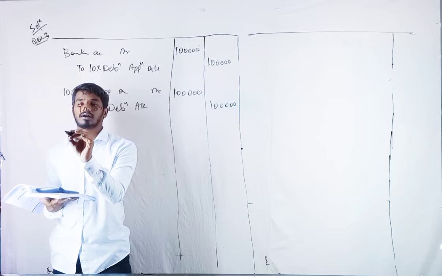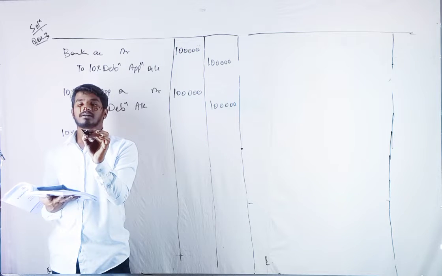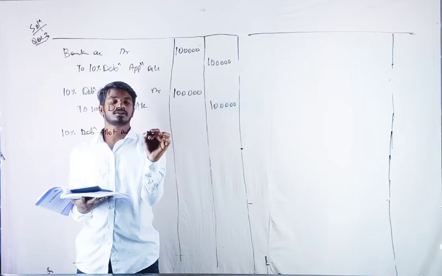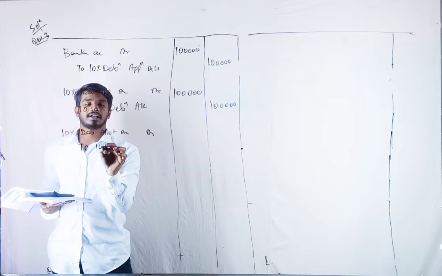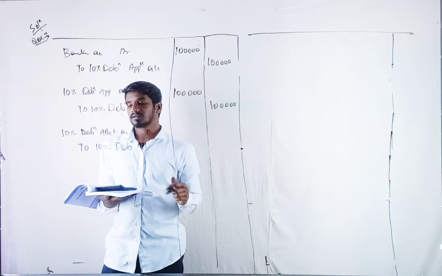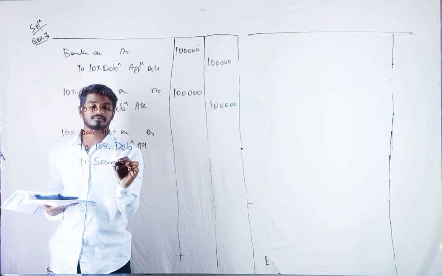And next, allotment. 10% debenture allotment account debit. We are making it due to 10% debenture account, and we have security premium also.